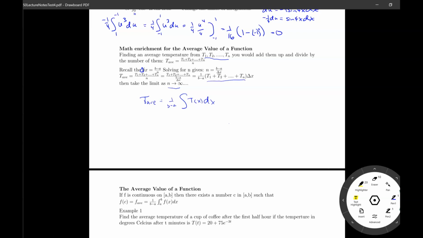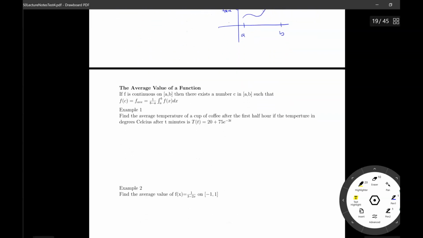So the average value is an average y value. If I think about drawing the temperatures, starting from here and going up to here, A to B, the average value is the y value, the average temperature hit over a range between A and B.